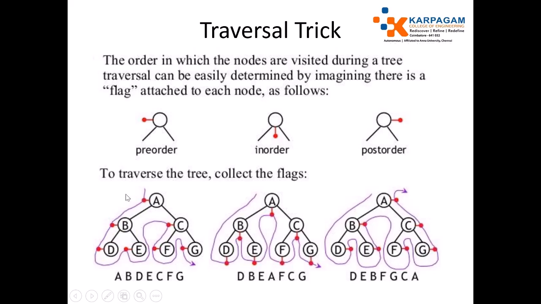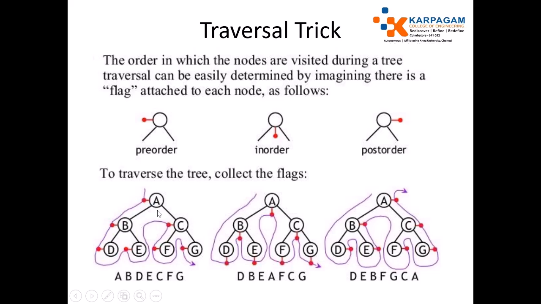For example, if you wish to traverse this kind of tree using pre-order traversal, just add the flag on the left side of all the nodes. You have added the flags on the left side for every node, no?